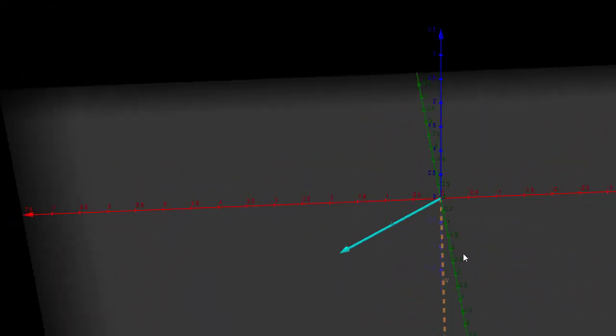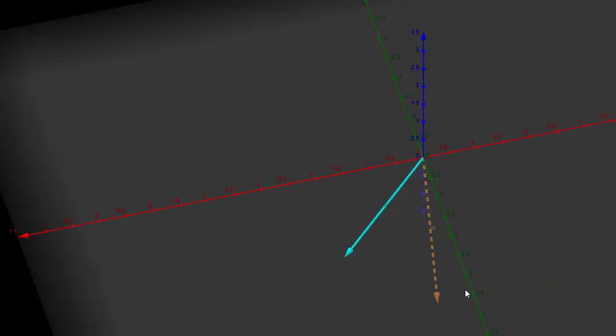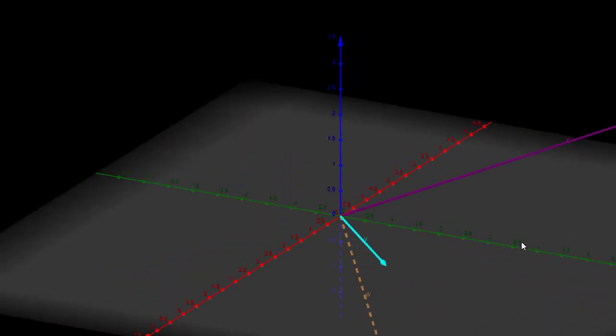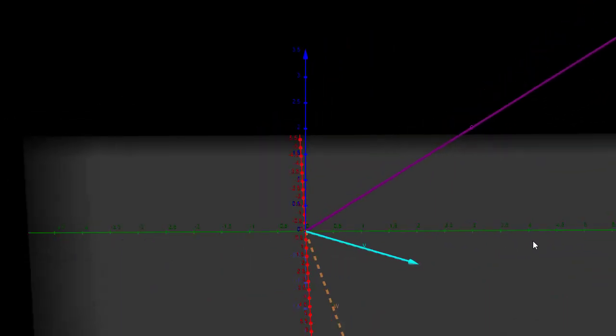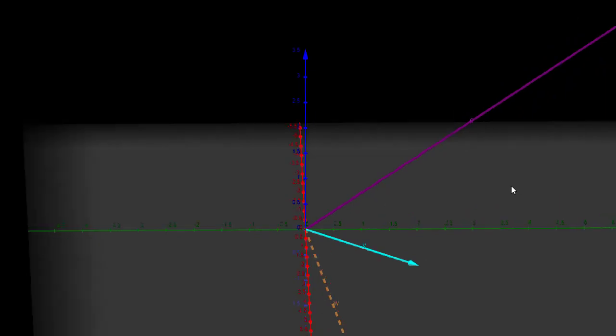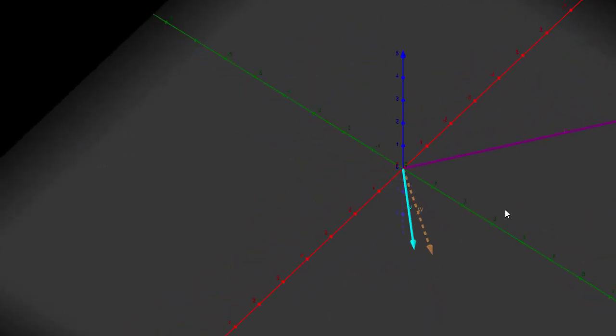It does go into the y and the negative z. And here is the cross product. Here's the vector that is perpendicular to both of them.